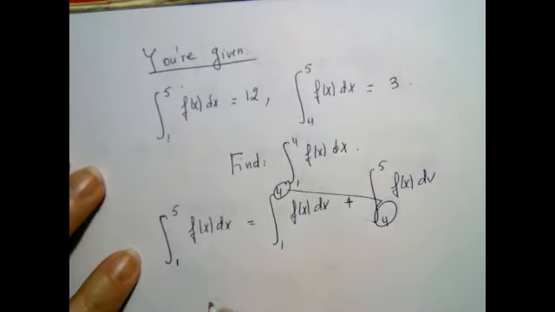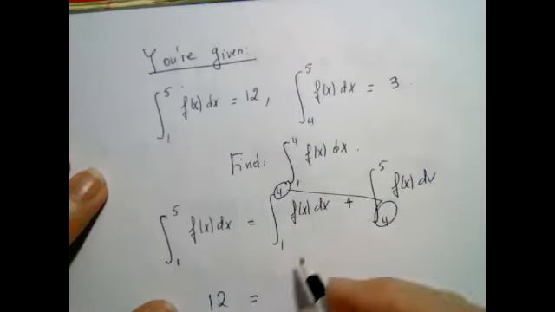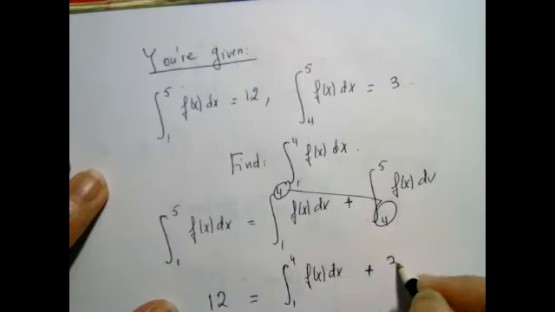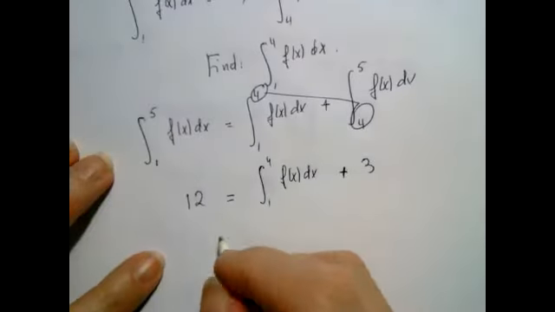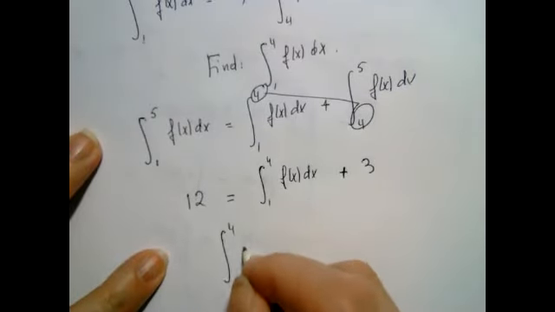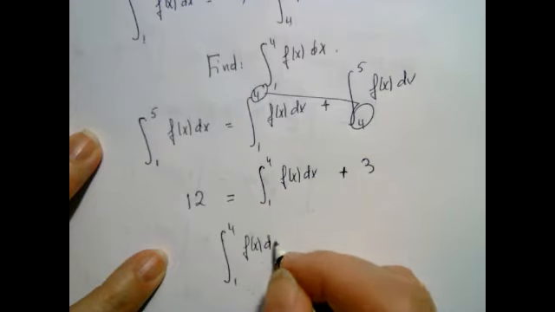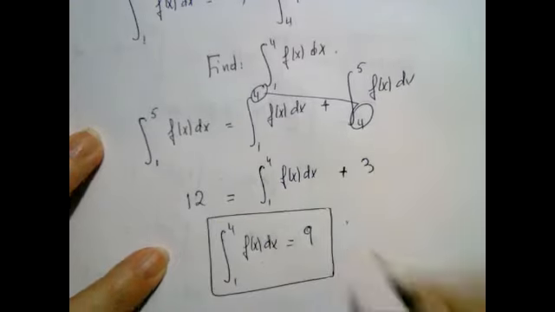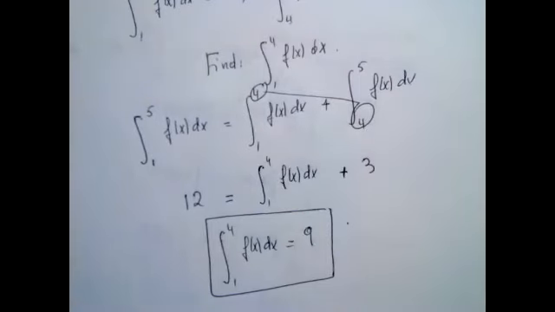So now we're done. This is 12. And this is what I'm asking for. And this is 3. Okay, now I solve for it, so my integral is equal to 9. Okay, so these are the properties of the integral.